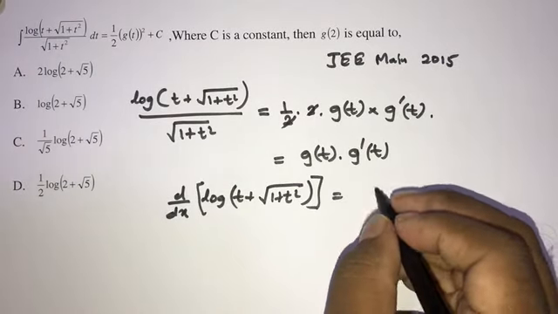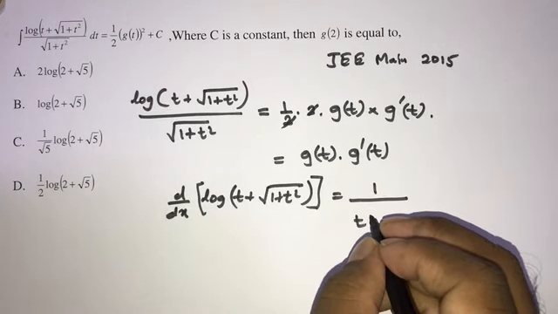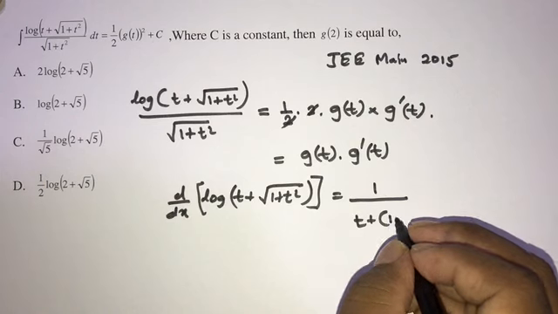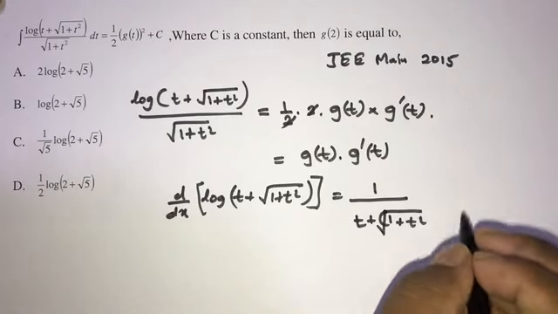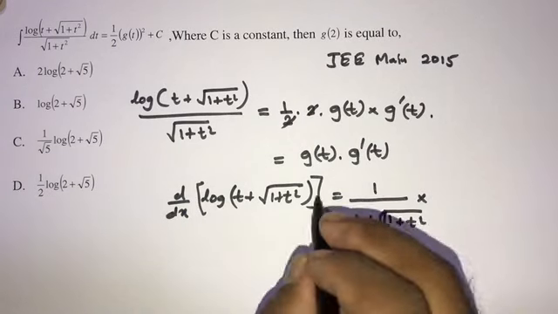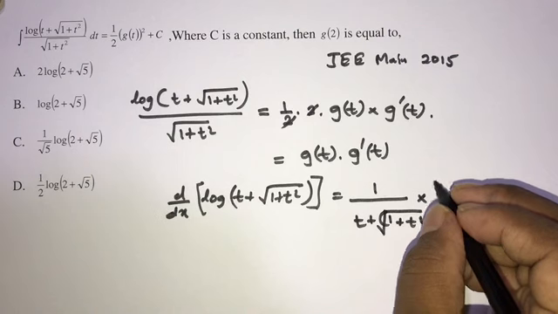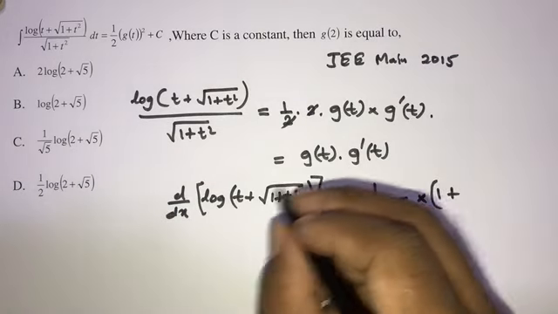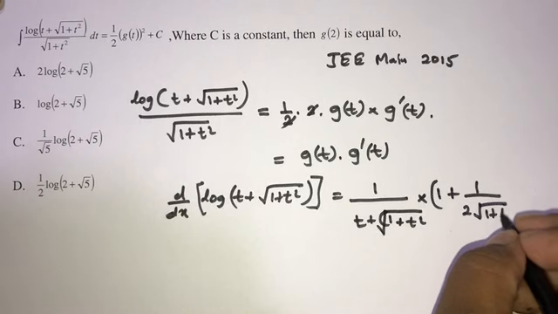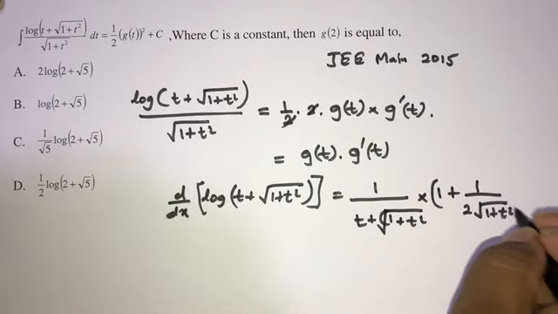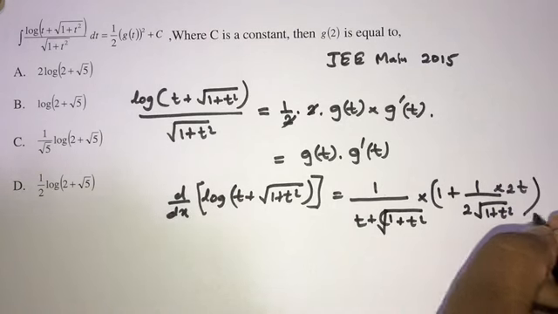So we know 1 over t plus square root of 1 plus t square times the derivative of this function, so 1 plus the derivative of the square root, so 1 over 2 times 1 plus t square times the derivative of t square, so 2 times t.